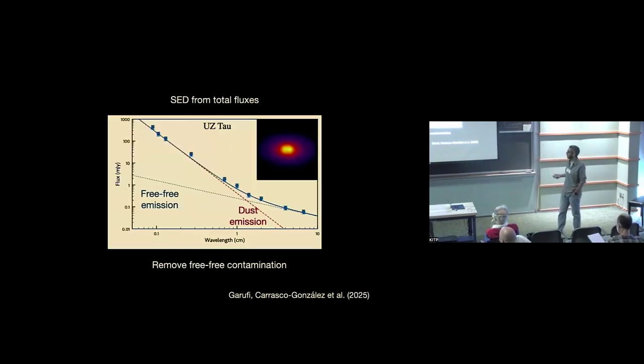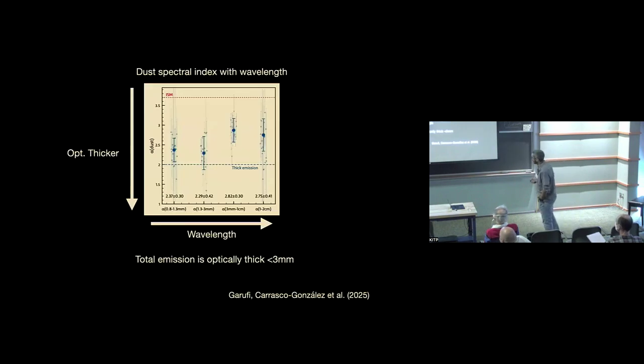We also studied the spectral indices, and this is a plot of the wavelength versus the spectral index, and you have to see that here is what you expect for optically thick emission, and here is what you expect for optically thin. So after 3 millimeter, the global emission seems to be dominated by optically thin, but below 3 millimeters, we have optically thick emission dominated.